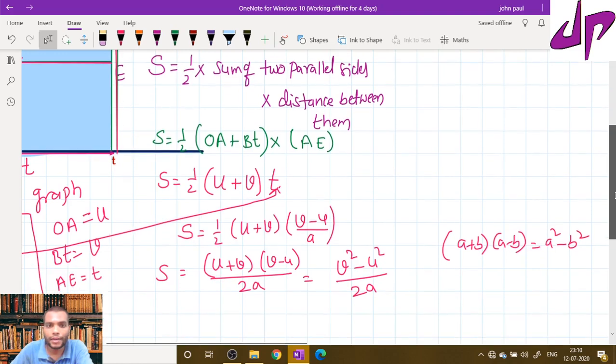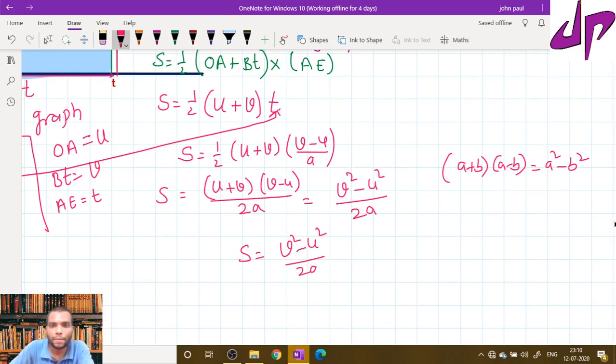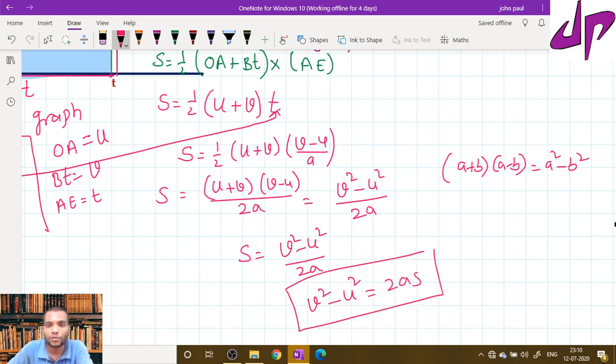Therefore S equals V square minus U square by 2A. Now sending the denominator to that side, V square minus U square equals 2AS. This relation is known as the third equation of motion.